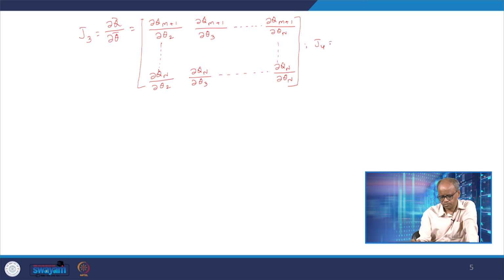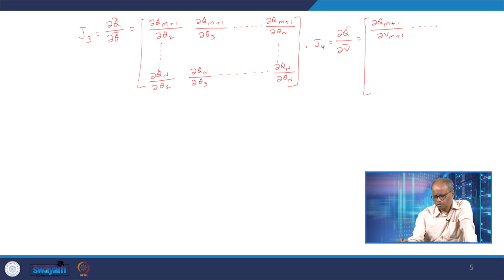And J4 is del Q by del V is equal to del Qm+1 by del Vm+1, and then dot dot dot del Qm+1 by del Vn, and then so on and so forth, del Qn by del Vm+1, and then it will go like this, del Qn by del Vn.